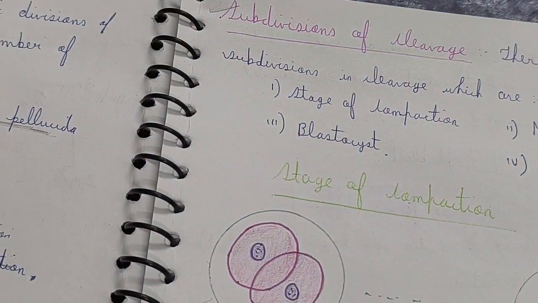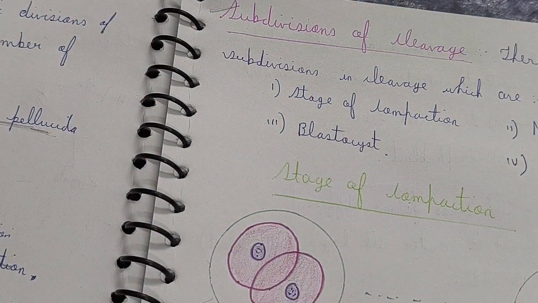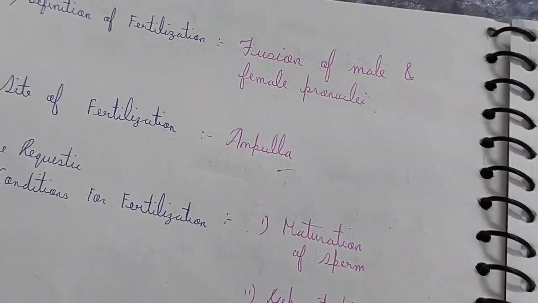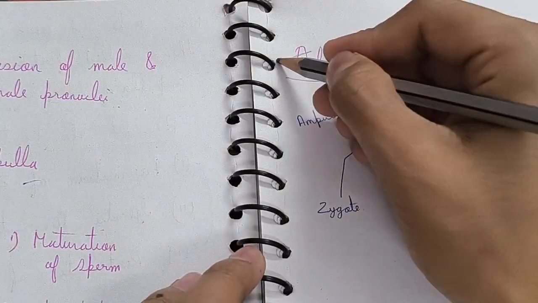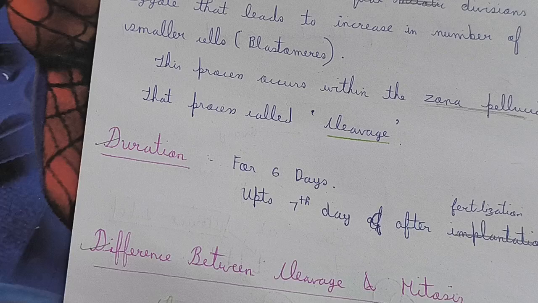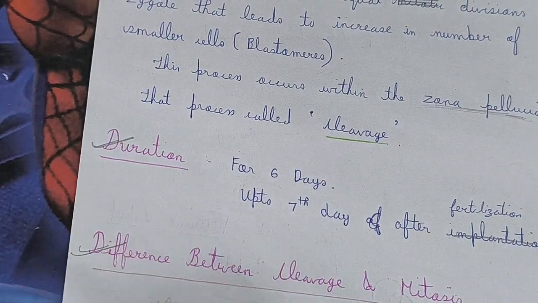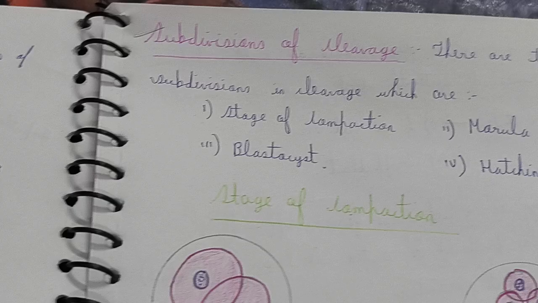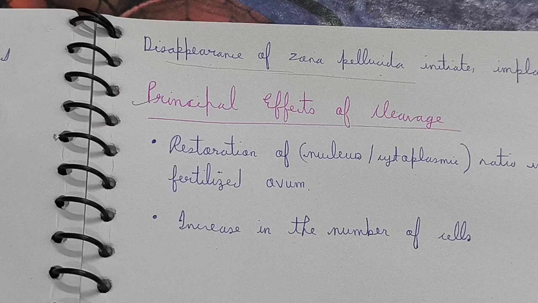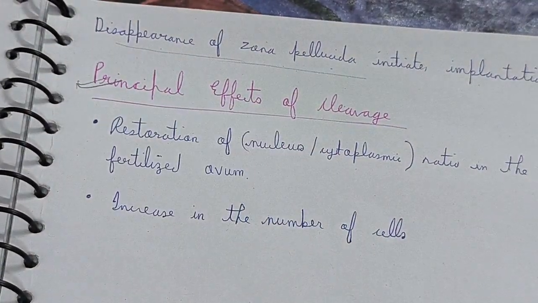Now, when you write in a university exam, or when you do revision, always try to start with the definition of cleavage, second, the duration of cleavage, third, the difference between cleavage and mitosis, fourth, the subdivisions of cleavage, and the last, the principal effects of cleavage.